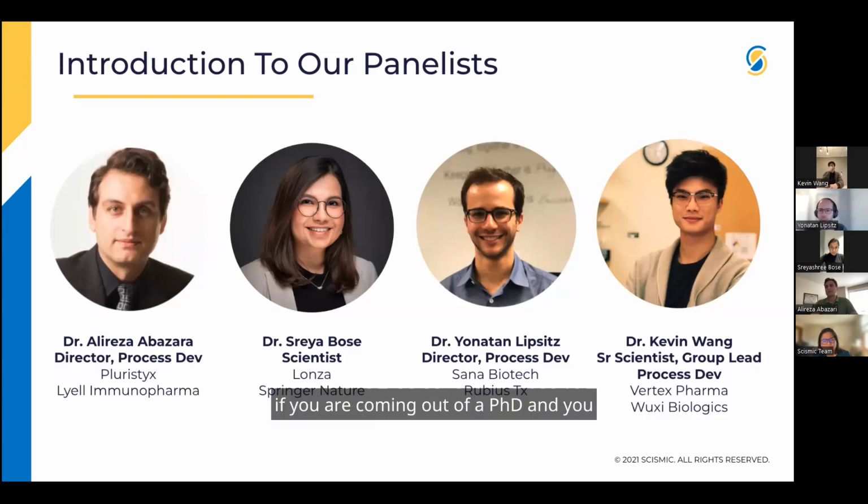If you are coming out of a PhD and you can run a Western blot and you can do an ELISA, every CV that I have ever received has a skill section that says Western blot and ELISA.